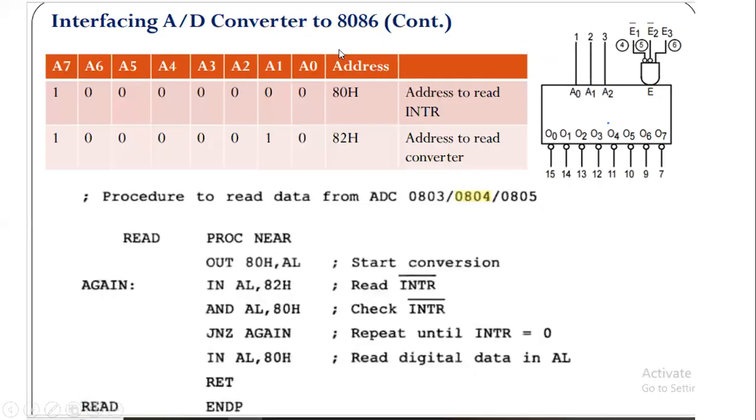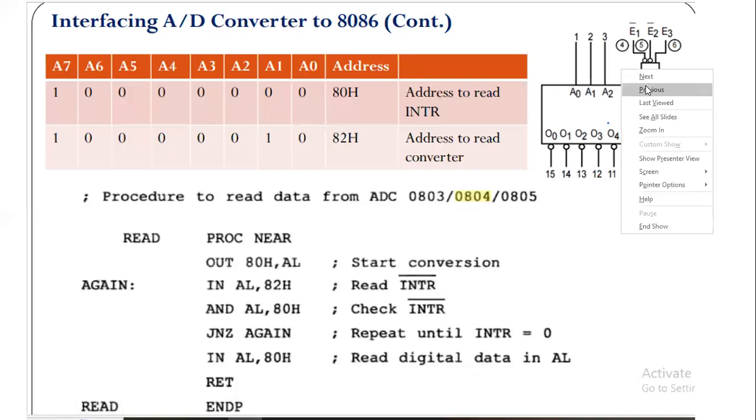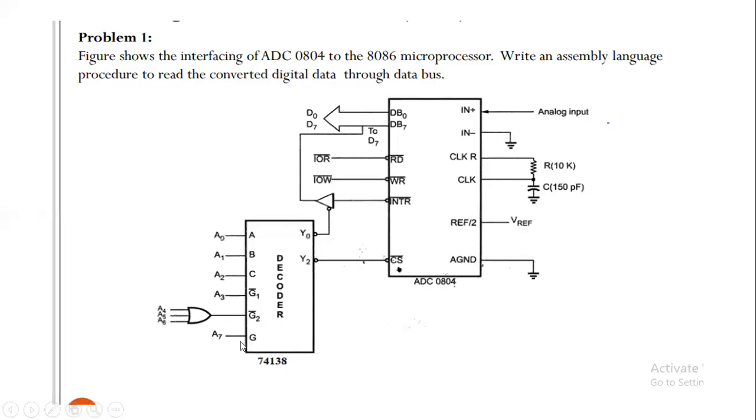Here you can see the total address lines involved, A0 to A7, and in the last slide you can see that A7 is connected to G. This is an active high input. So here the value of A7 is 1.